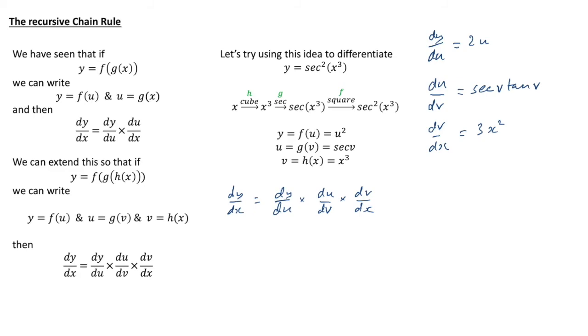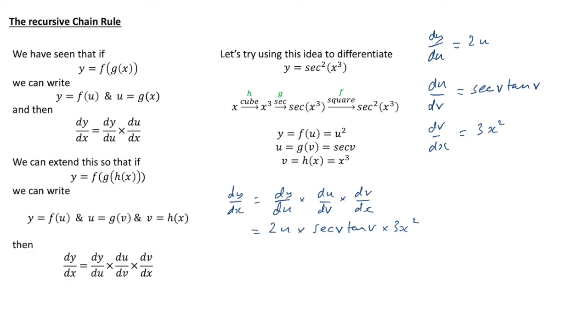So dy by dx is dy by du times du by dv times dv by dx. And by subbing in those separate differentiated functions, we get 2u times sec v tan v times 3x squared.